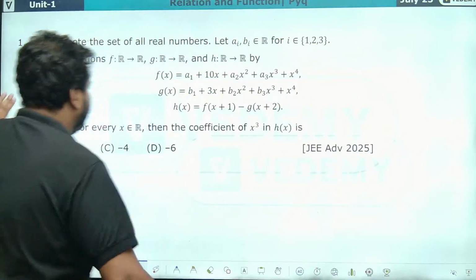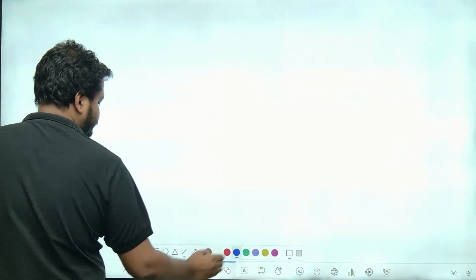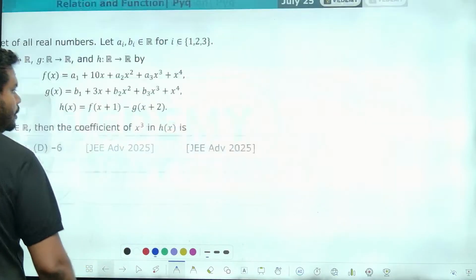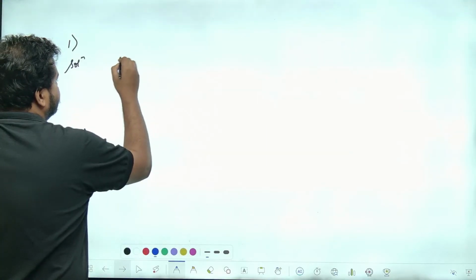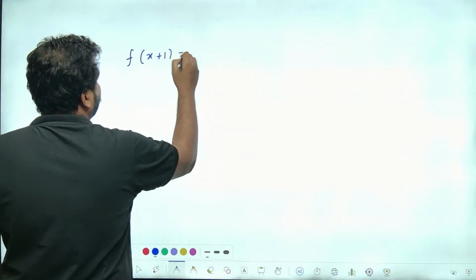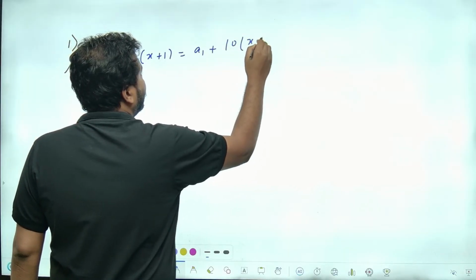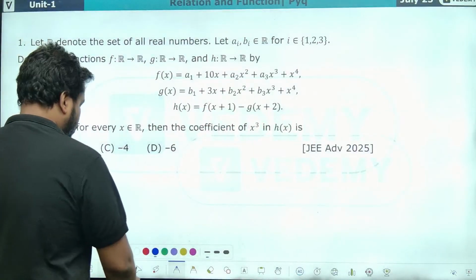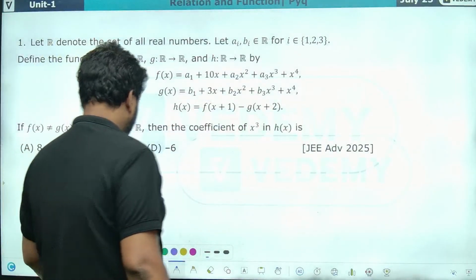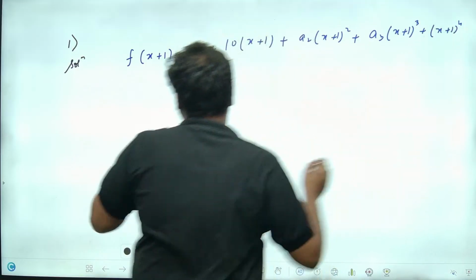Okay, now let's see. Solution. Let's find h(x) first. f of x plus 1 is equal to a1 plus, here we will replace x with x plus 1, a1 plus 10 times (x plus 1) plus a2 (x plus 1) whole square plus a3 (x plus 1) whole cube plus (x plus 1) to the power 4.